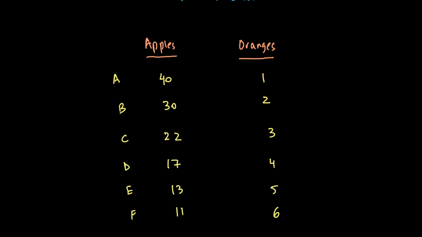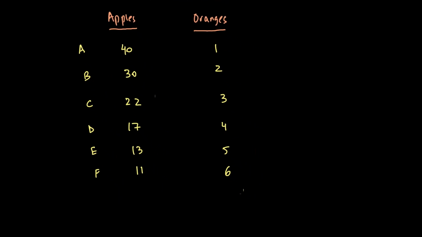Let's say we come up with these combinations that are here, where you could have a combination D where you are getting 17 apples, but then you're also getting 4 oranges, and 17 and 4 is equal to 22 and 3, and vice versa. 17 and 4 is equal to 13 and 5.